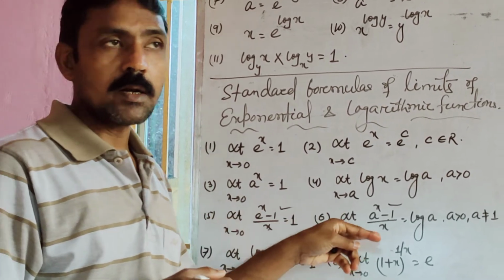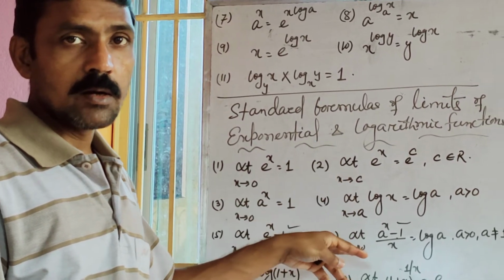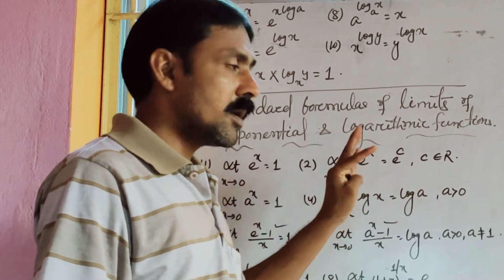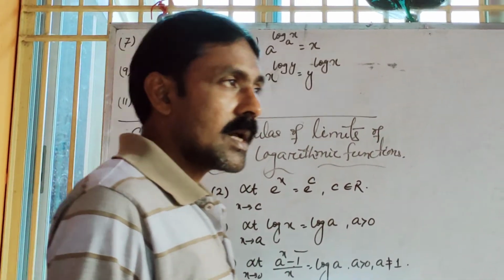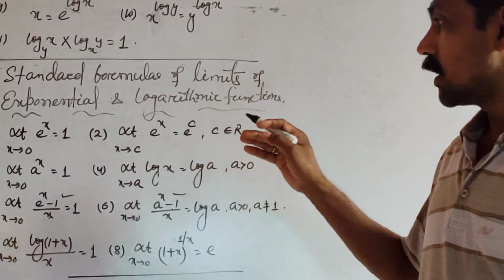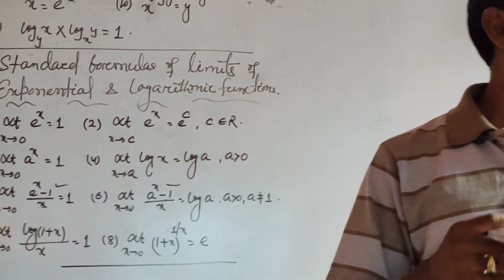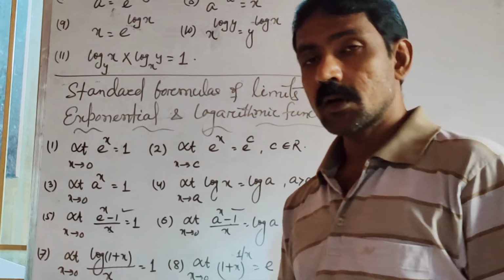If they are different, then what we are doing? We are multiplying and dividing by some constant to make them equal. Clear? So these are all about this. Now in this class, let me solve 3-4 limits based on this, so that it will help you to recall the previous class. Then in the next class we will start continuity.